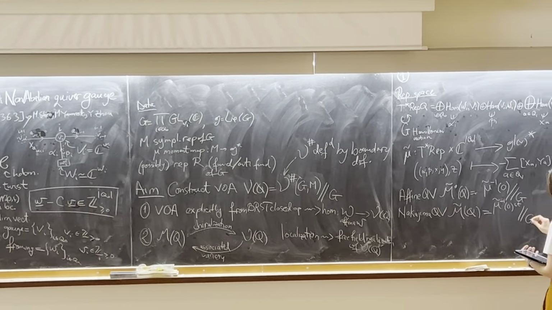what this does, localization. The punchline is that it defines a vertex algebra on the quiver variety from the global sections of a sheaf of H-bar-adic VOAs, themselves constructed from BRST cohomologies.